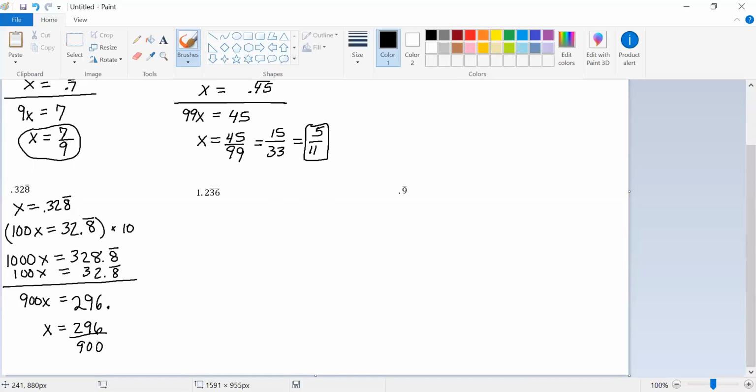And I can reduce that. I know 4 goes into both of them because 4 goes into 96 and 4 goes into 900. So 296 divided by 4 is 74, and 900 divided by 4 is 225.